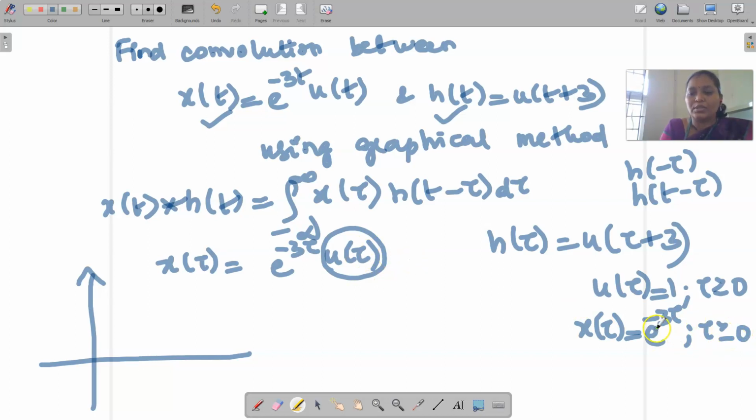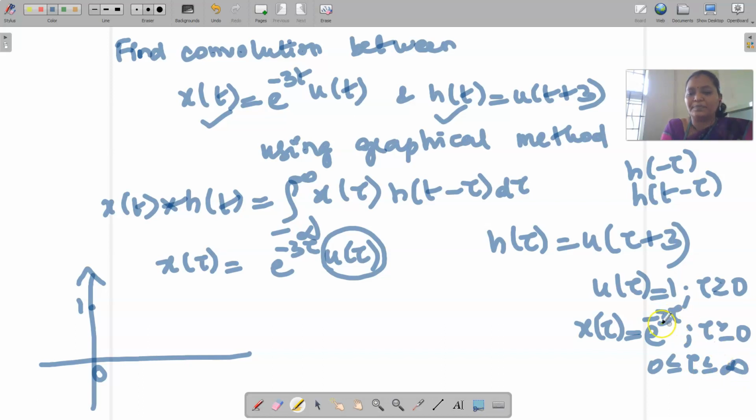So substitute tau is equal to 0. What happens? E power 0 is 1. So at tau equal to 0, x of tau value is 1. And tau greater than or equal to 0 means tau varies from 0 to infinity. So the final value of tau is infinity.